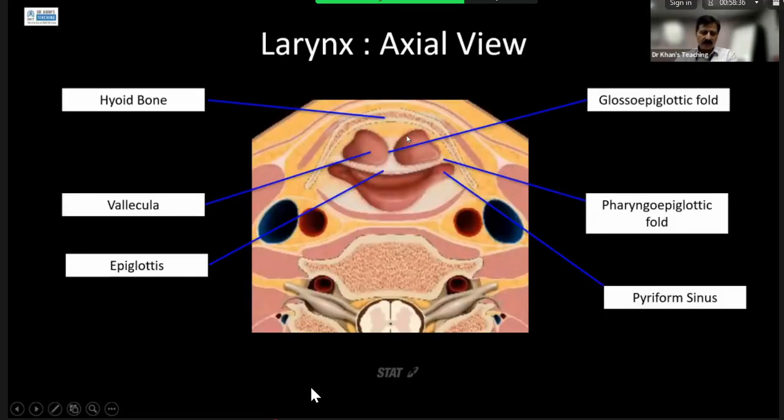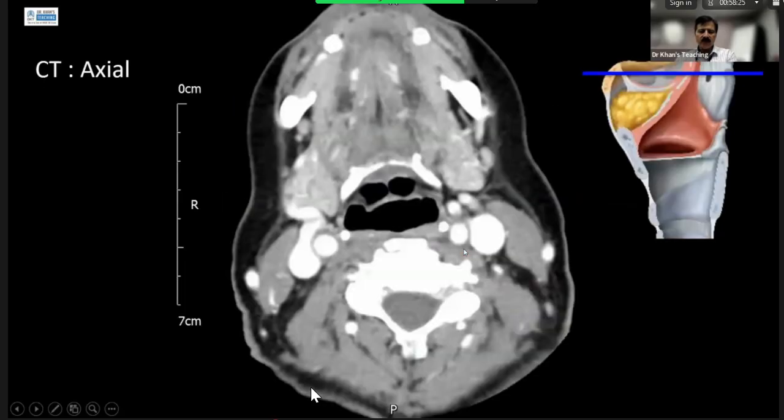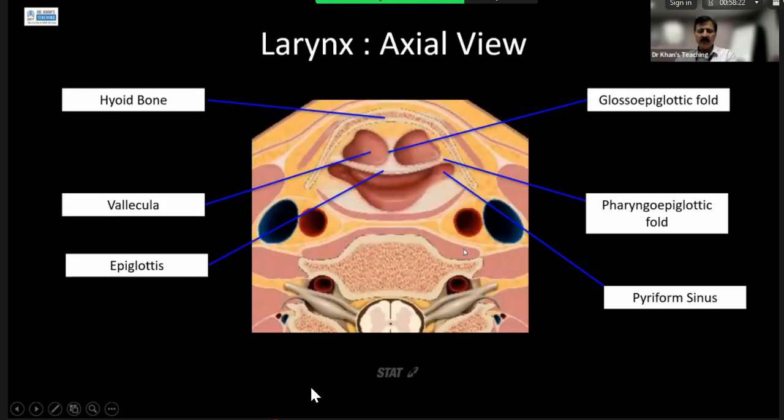Okay, now I'm going through a series of images, and these are the key images where I will show you an axial diagram followed by a CT scan. If you see here, this is the level of the epiglottis, and this is the glossoepiglottic fold, the valleculae, both of them, the pre-epiglottic fat, and this is the hyoid bone, and this will be the paraglottic fat.